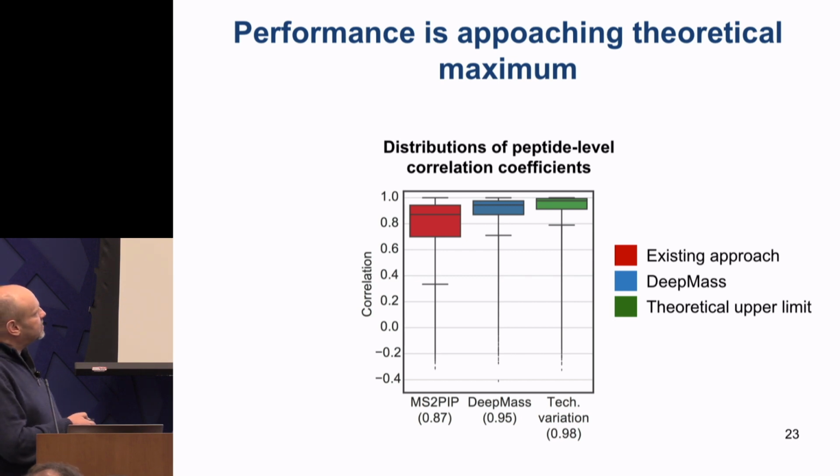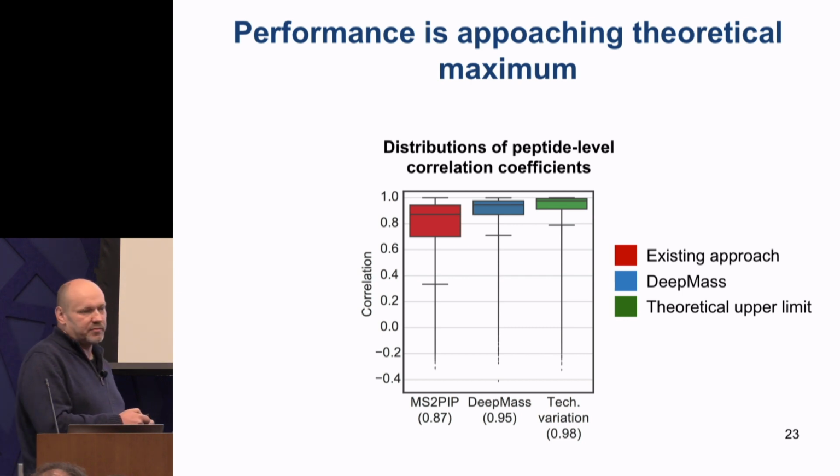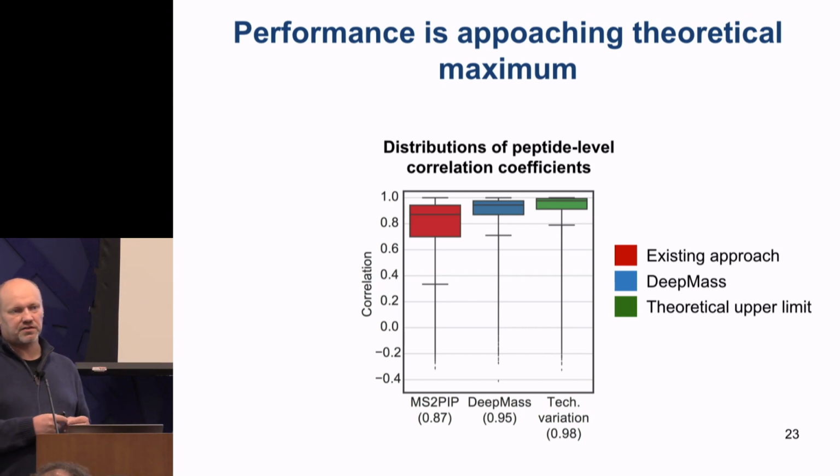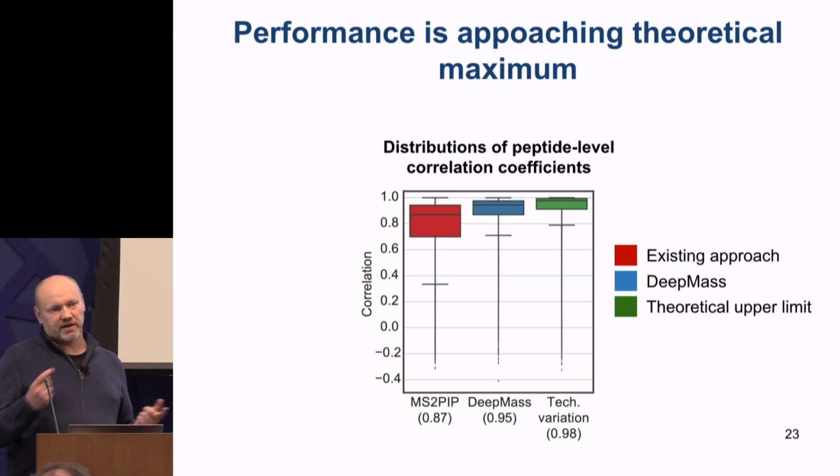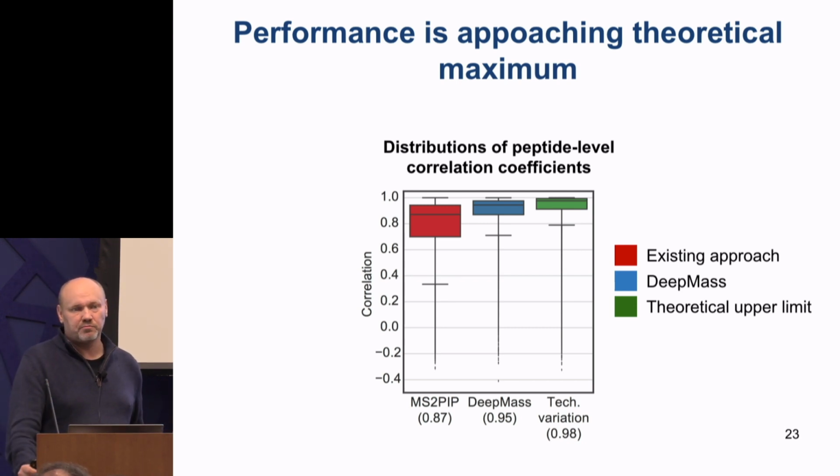We have this for Prosit, which is what we call the model that knows everything. We have the same for the best conventional method at the time, MS2PIP. And we have it as the theoretical limit, because the limit is the correlation you get between technical replicates. If you measure the same spectrum twice, of course, it will not be the same.